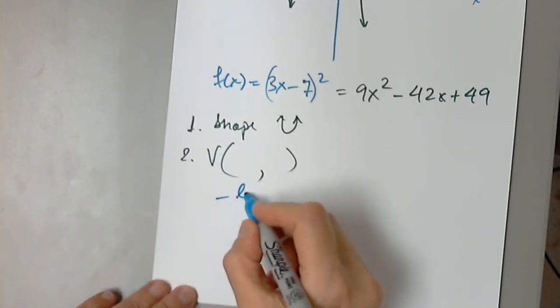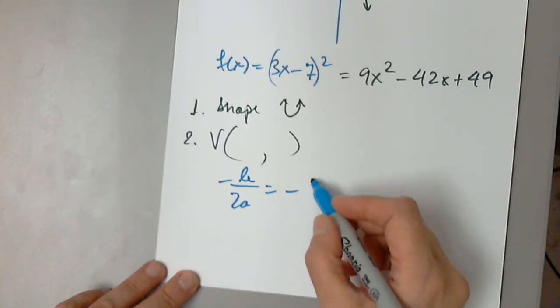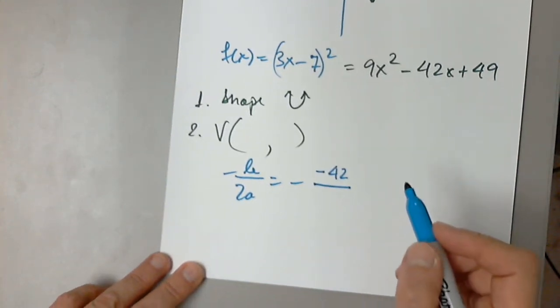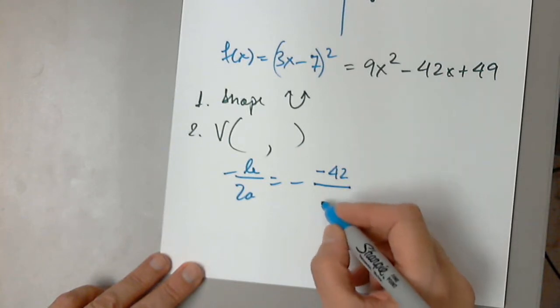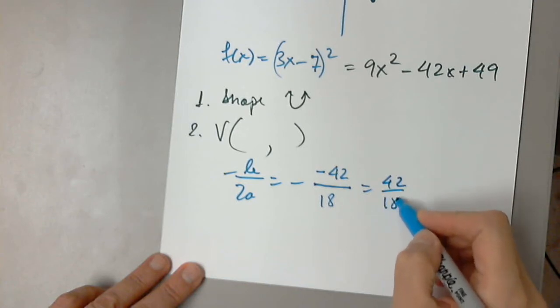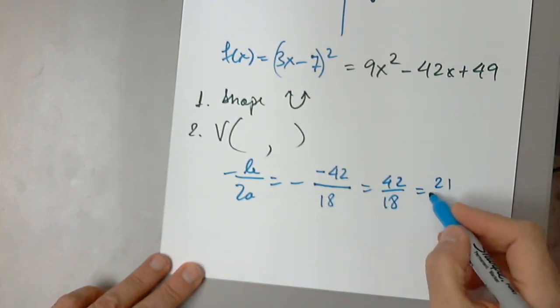Negative b over 2a. Negative b in this case is, be careful, negative 42. 2 times a is 18. So this is 42 over 18, and I can simplify and get 21 over 9.